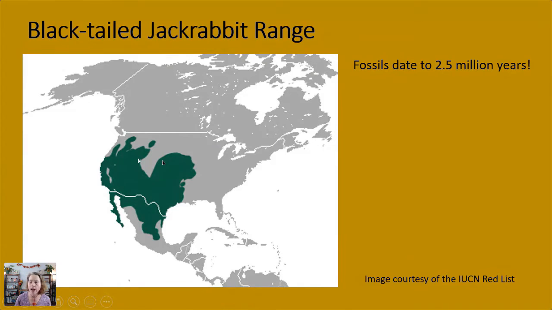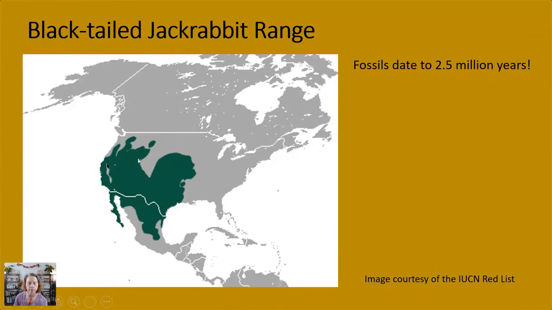So tell me in the chat box who lives where these jackrabbits live, and have you ever seen one in the wild? Again, they have really variable habitat. They're really adaptable: open forests, savannas, shrublands, grasslands, also called chaparral, kind of foothills. Here in Oregon, this habitat is called the Oregon High Desert.